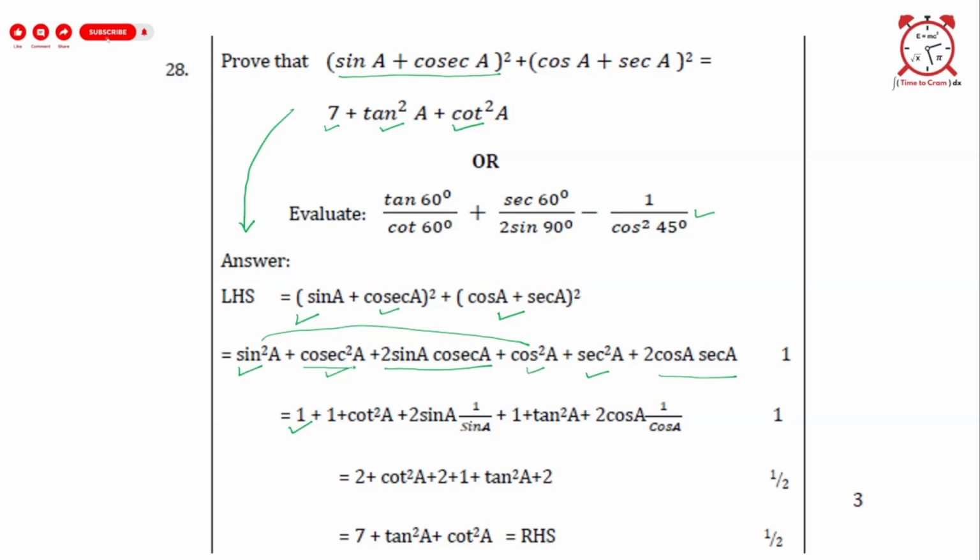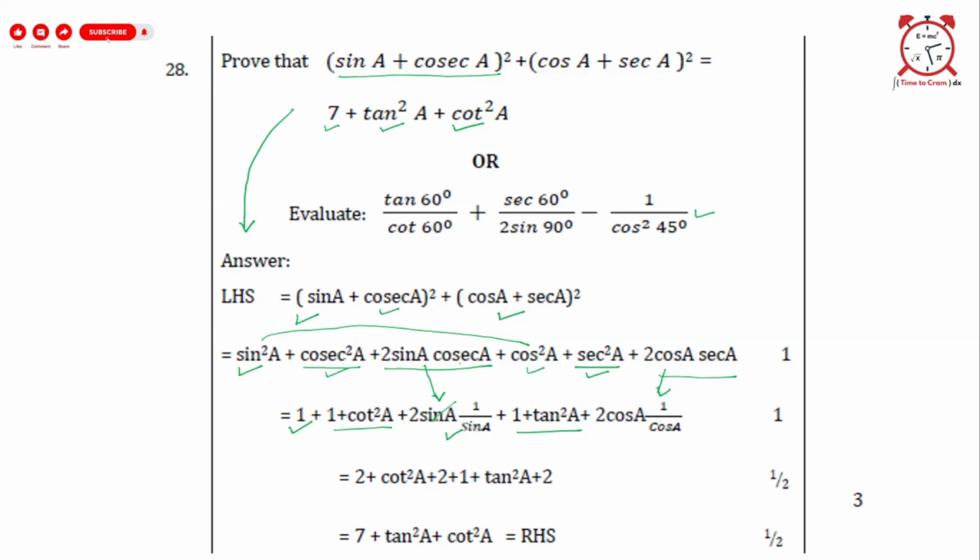Same way cosec square A we can write as 1 plus cot square A. Look, this term is modified because cosec A is the multiplicative inverse of sin A. Same way sec square A can be written as 1 plus tan square A, and for this step we can write 2 into cosec A plus 1 upon cos A.